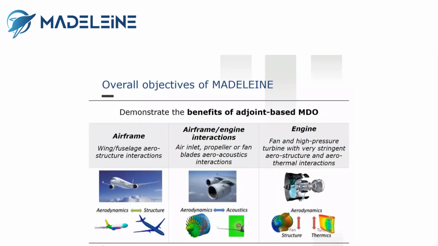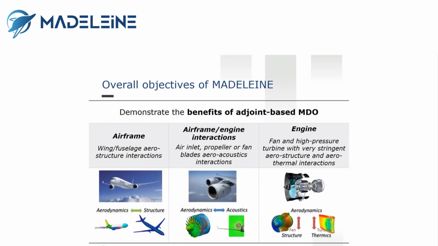To demonstrate the benefits of adjoint-based MDO, we decided to focus on three main topics or three main pillars. The first one is on airframe. We decided to mainly work on wing-fuselage aerostructure interaction on a classical wing configuration. Then we decided to focus on airframe-engine interaction.